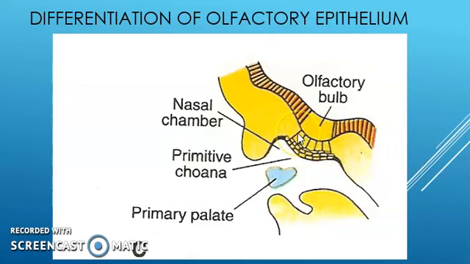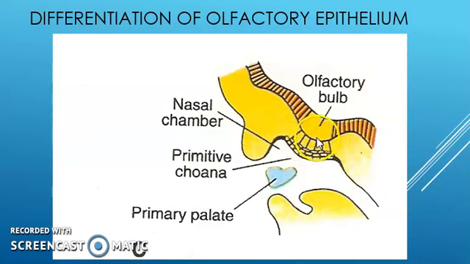There is thickening in the ectoderm, and the cells appearing in this epithelium are of three types. Number one, there are sensory cells called olfactory cells, and number two, there are supporting cells, also called sustentacular cells, and thirdly, there are basal cells, which are actually stem cells.